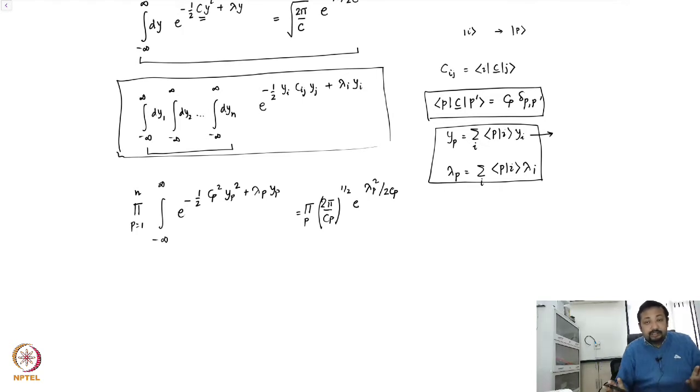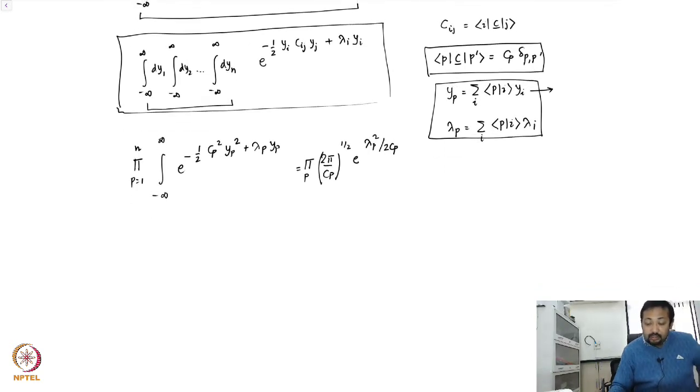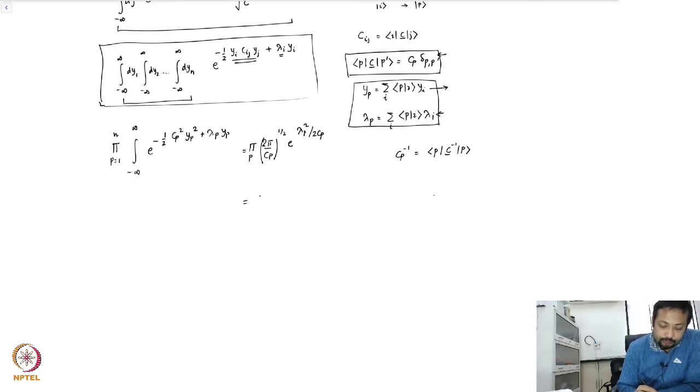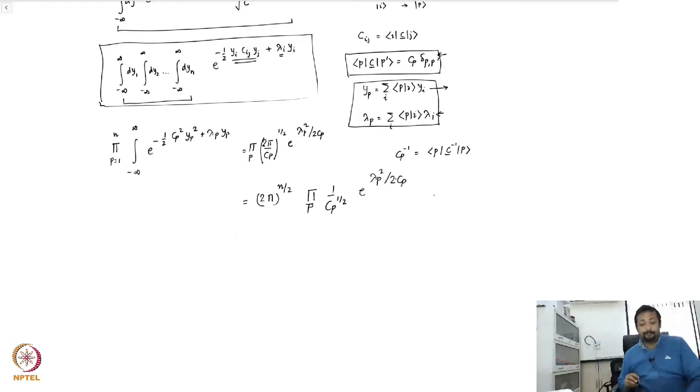This is a very elegant and simple answer. Once you use these relations carefully, this quantity becomes twice pi raised to the power n by 2, since i runs from 1 to n, and then you have a product over p of 1 over cp raised to the power half, e to the power lambda p square over twice cp.